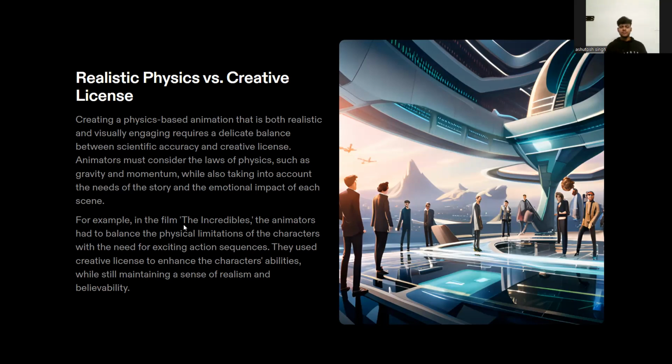For example, in the film The Incredibles, the animators had to balance the physics limitations of the characters with the need for exciting action sequences. They used creative license to enhance the characters' abilities while still maintaining a sense of realism and believability.